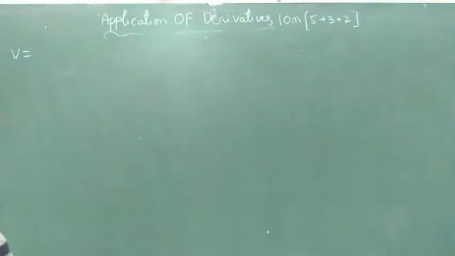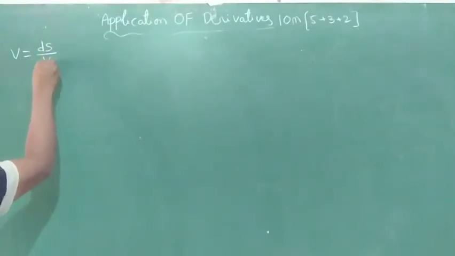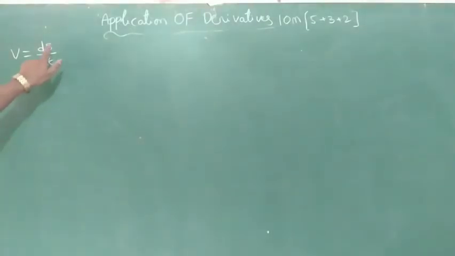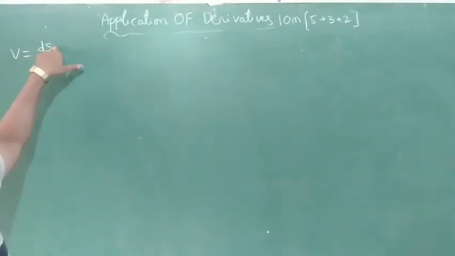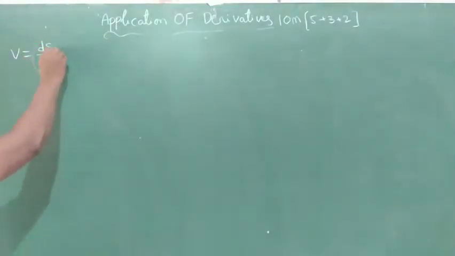The rate of change in displacement means ds by dt. The displacement is nothing but s, so the rate of change in s is denoted by ds by dt.